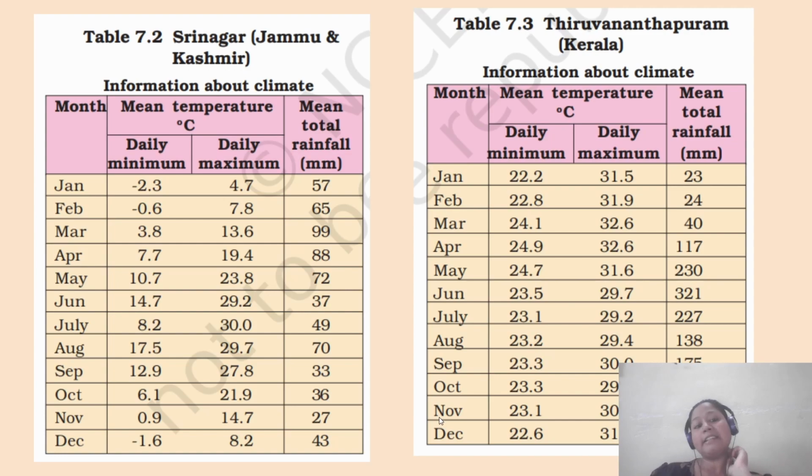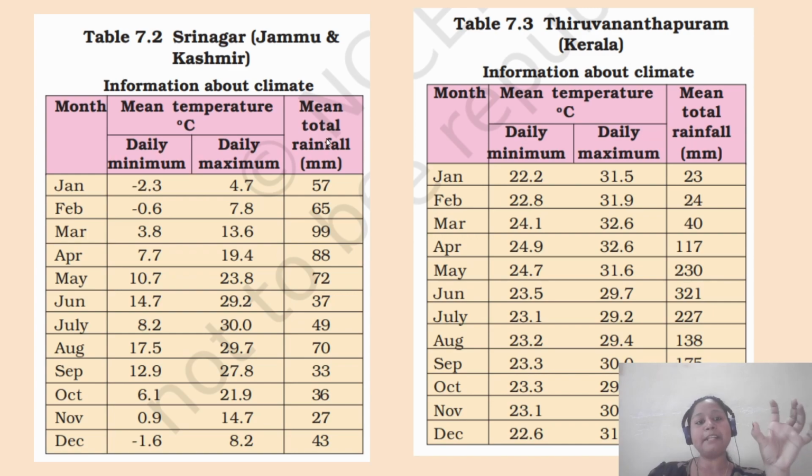When we take particular states, for example Kerala and Kashmir, this is some data which has been collected over the past 25 years. When we take the mean of the past 25 years, we can get the typical temperature of a particular area.